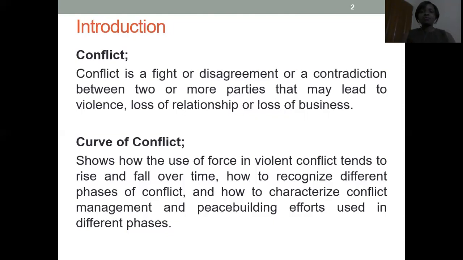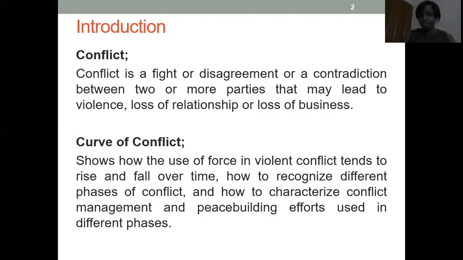The conflict could also be between individuals, husband, wife. Okay, so those are some of the examples of conflicts that you are going to come in to negotiate.